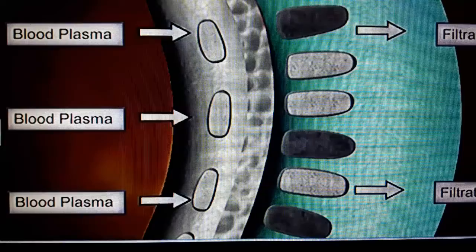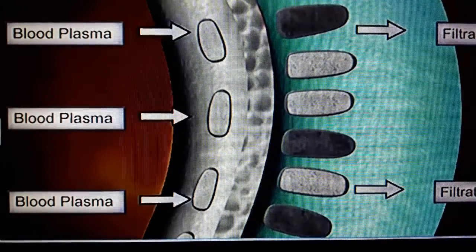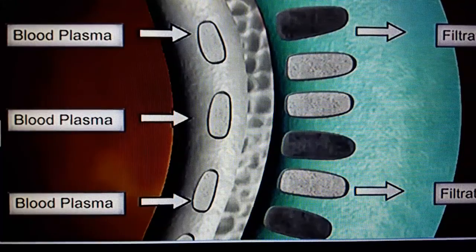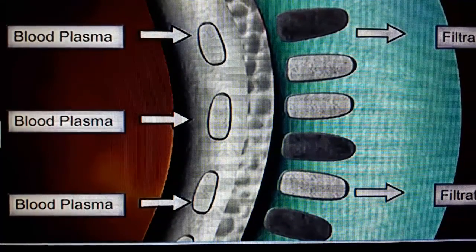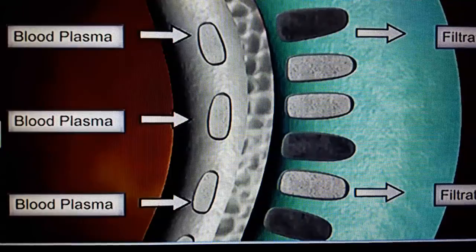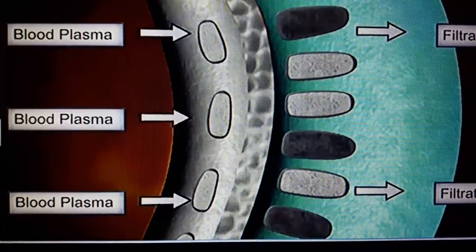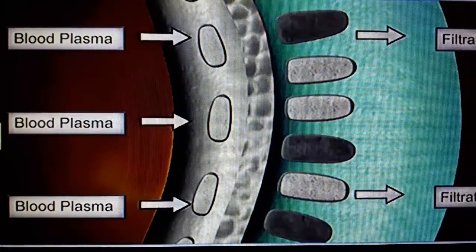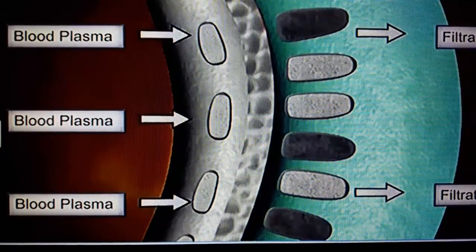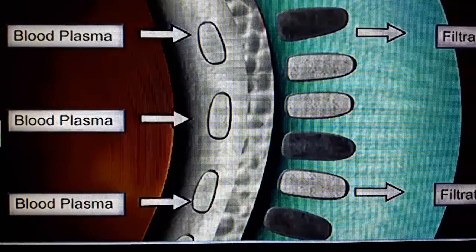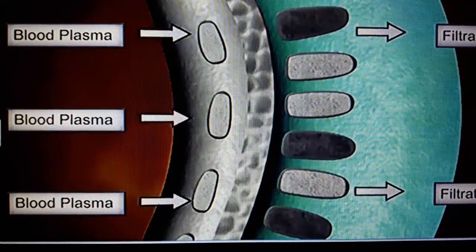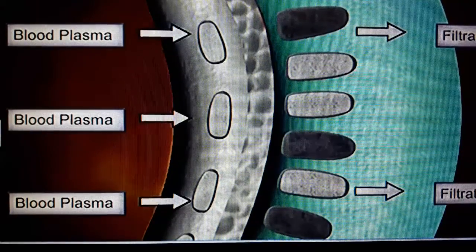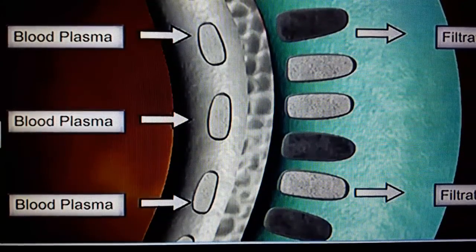So now we'll talk about the glomerular filtrate and its composition. What substances does the filtrate contain? The glomerular filtrate contains glucose, amino acids, vitamins, hormones, urea, creatinine, minerals, salts, and water.